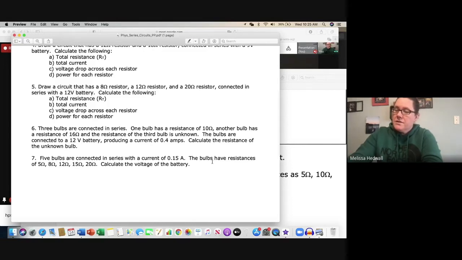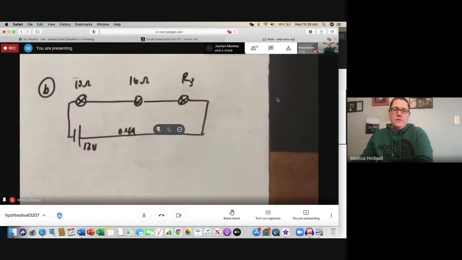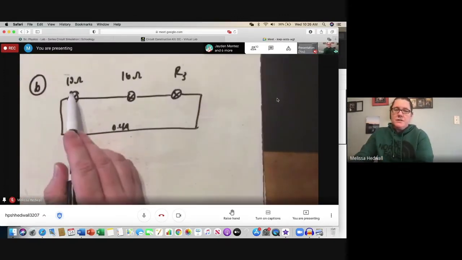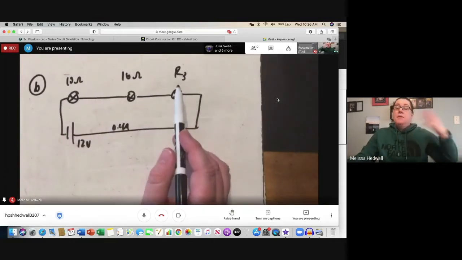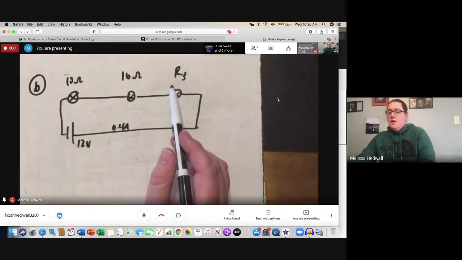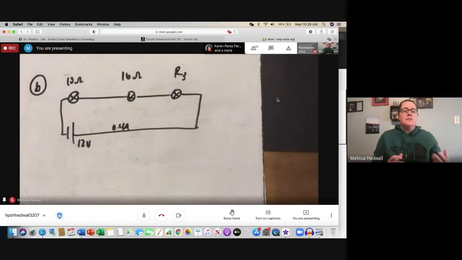And we have a series circuit that is set up. It says that it's connected to a 12-volt battery with a current of 0.4 amps. So if we look at this setup here, we have a 10 ohm resistor bulb, a 16 ohm bulb, and an unknown resistance here. But we know our total voltage and our total current. So the first thing that we need to do is to solve for our total resistance.